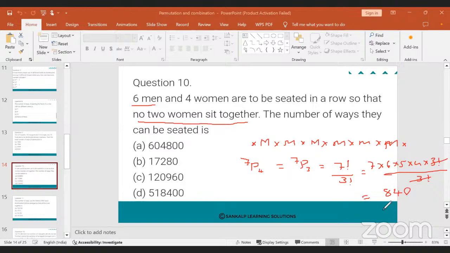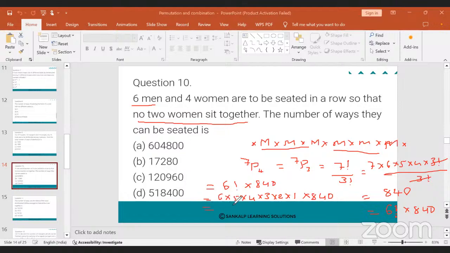So the total number of arrangements: the total men are 6, so 6 factorial into 840. Calculate it: 6 into 5 into 4 into 3 into 2 into 1, into 840.